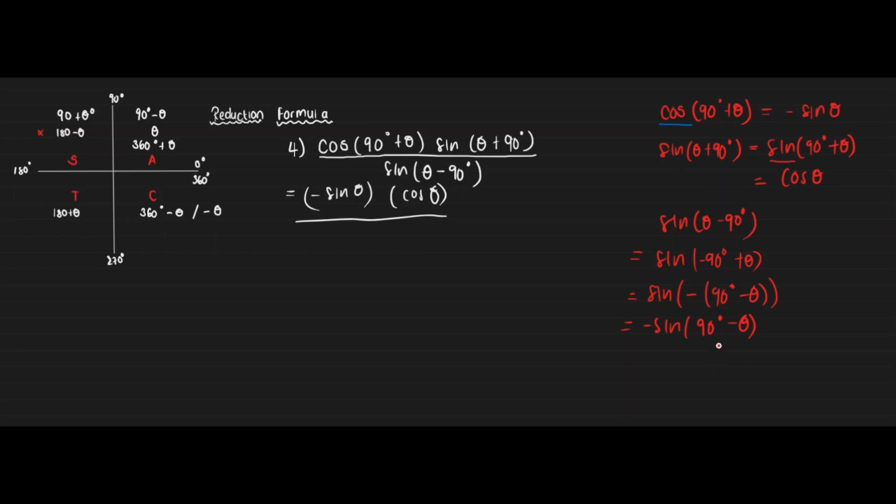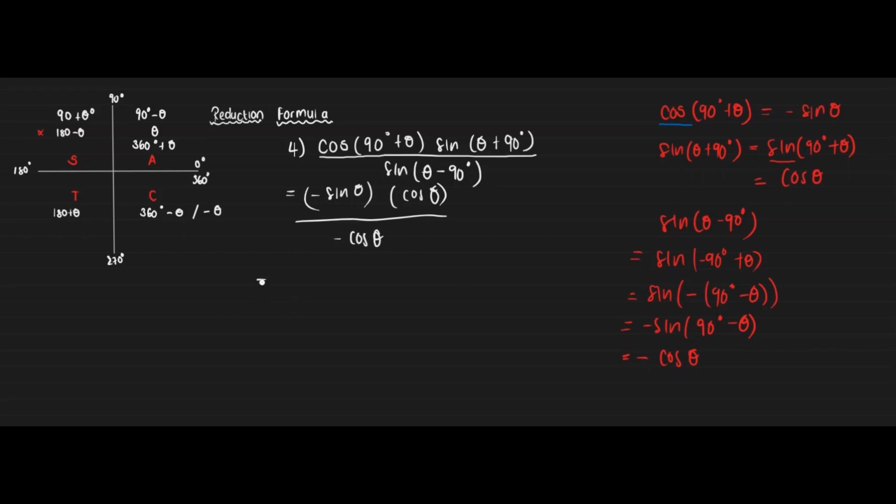You're going to need to find 90 minus theta. Let's look at 90 minus theta. All of them are positive. So this is going to be the same as saying negative what? Since it's 90, it's going to be negative cos theta, because this negative affects everything. Understood? So here it's going to be negative cos theta.